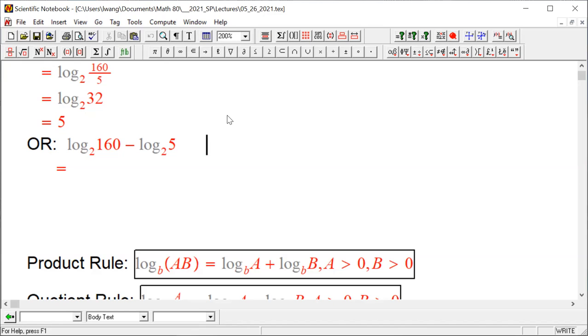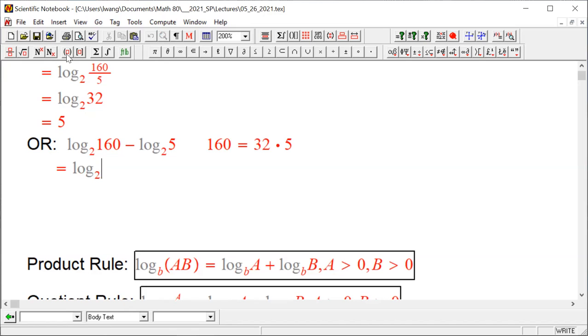Knowing 160 equals 32 times 5, guess what? You can also use a product rule. Log base 2 of 32 times 5. And of course, you have a minus another log base 2 of 5.